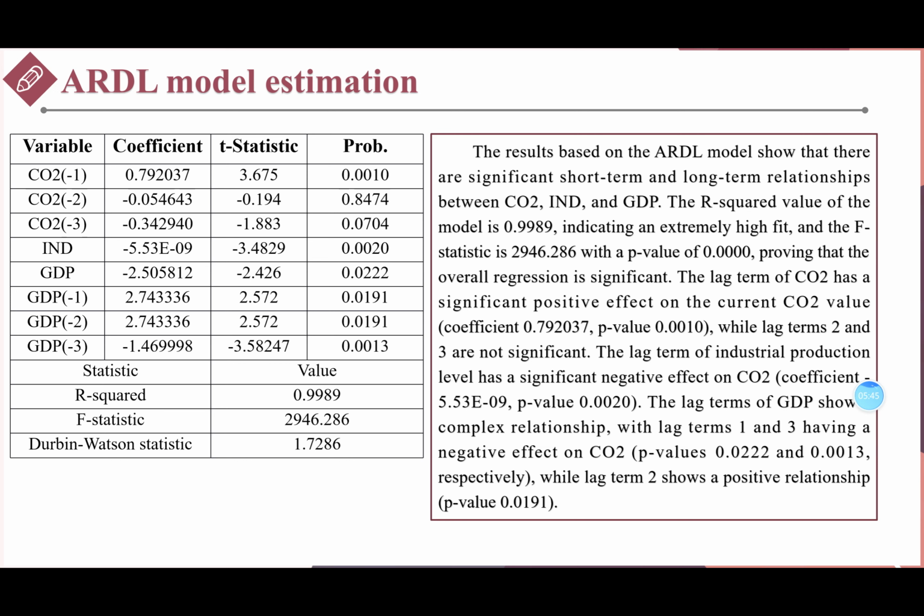The lag term of industrial production level has a significant negative effect on CO2, and the lag terms of GDP show a complex relationship, with lag terms 1 and 3 having a negative effect on CO2, while lag term 2 shows a positive relationship, whose p-value is 0.0191.